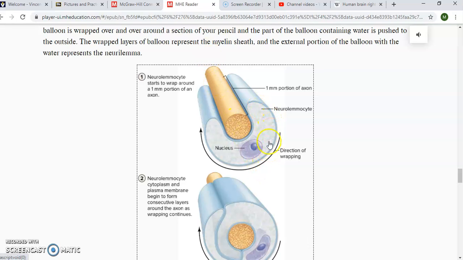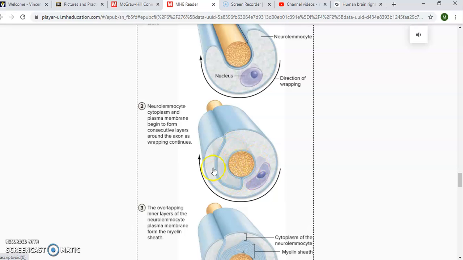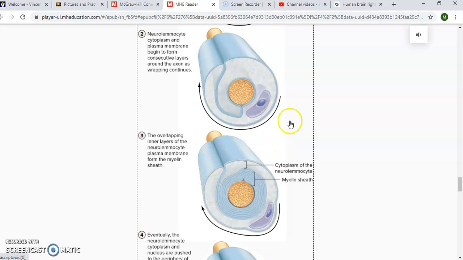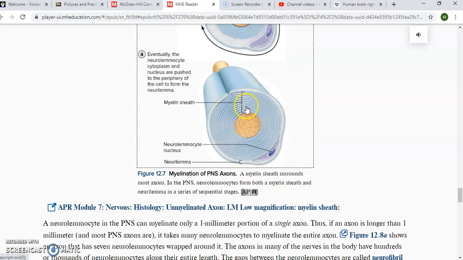What it does is fold around the axon, kind of like a hot dog bun around a hot dog. But it doesn't stop there. It continues to wrap itself around and around that axon until you get this thick layer, and that's the myelin sheath. The whole thing is a neurolemmocyte or a Schwann cell, but the layers it produces around the axon are called the myelin sheath.